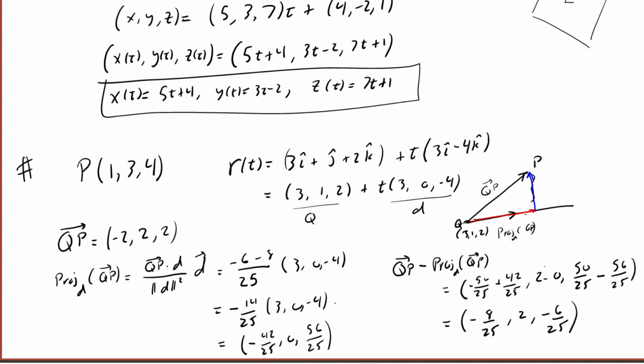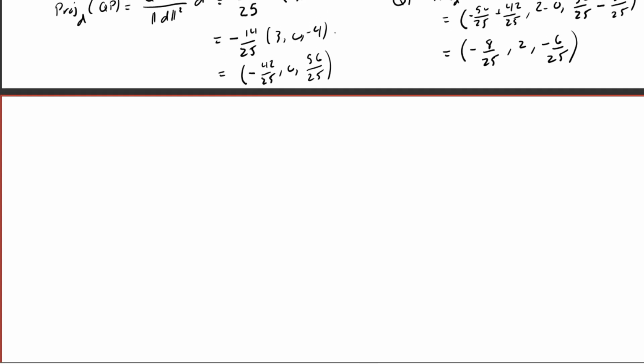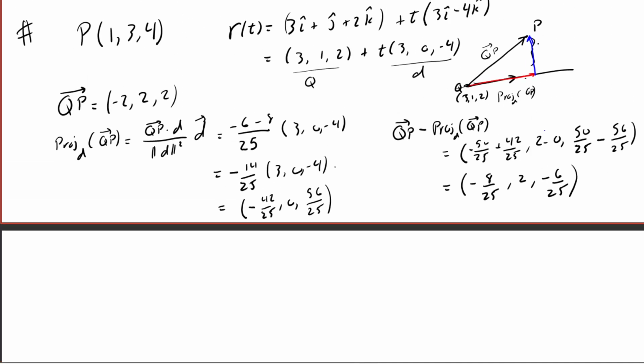Okay, let me add a page. Okay, so this vector that we just found, this was this blue vector, right? That's the vector we're looking for. Now all we need is just the length of that vector. So what we're looking for is the length of QP minus the projection onto D of QP.